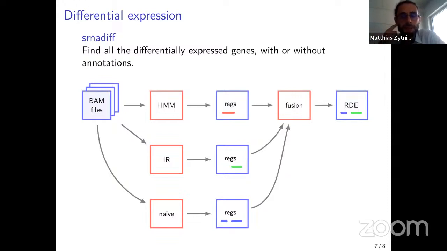Why three different methods? Because sometimes you have reads which are in large genes, like piRNA, for instance, which are in a very long transcript. Or sometimes you have something which is very sharp, just like a microRNA. So this is why you may want to use several different strategies to find everything which is differentially expressed.